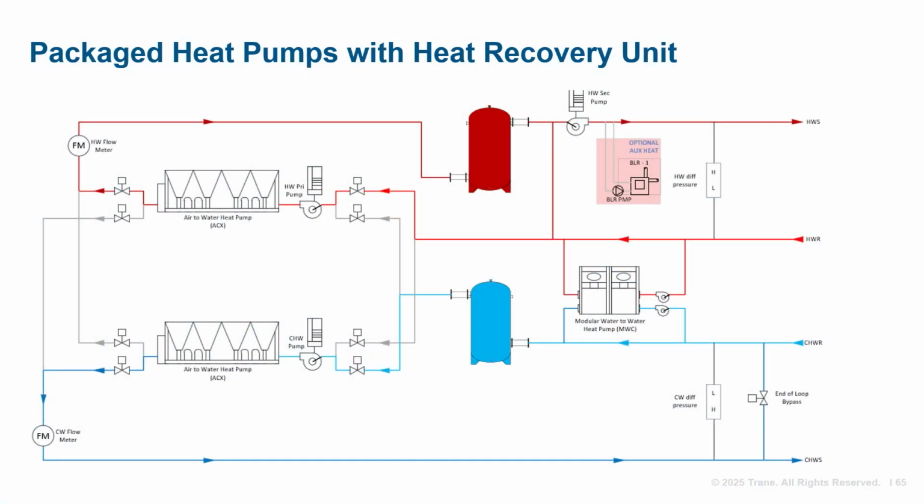The trade-off is that modular units can come with a cost premium. Similar function can be achieved with packaged heat pumps and changeover valves. If heat recovery function is needed, we can add a dedicated heat recovery unit.